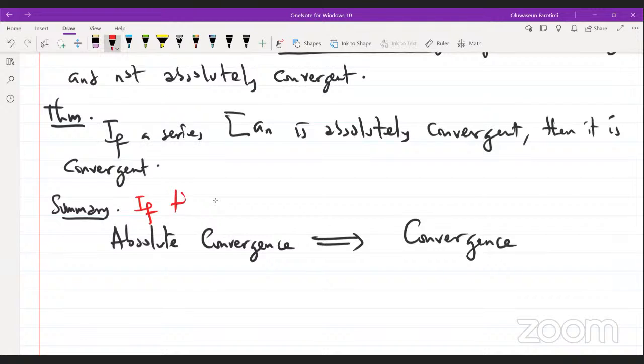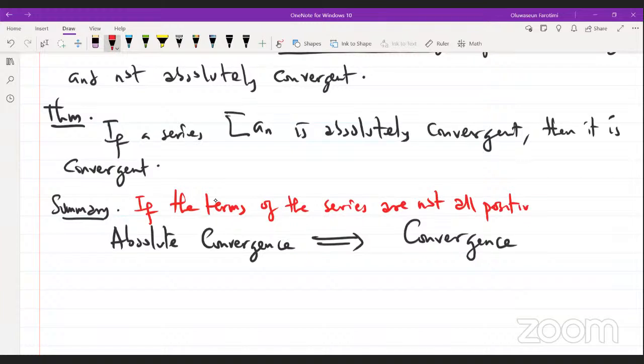So if the terms of the series are not all positive, that is, have alternating sign, I'm trying to put it together in a layman's language.